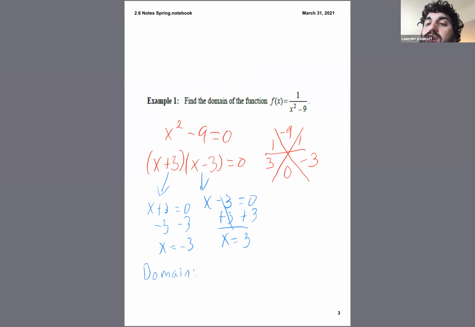So my domain is all real numbers except x equals -3 and +3.